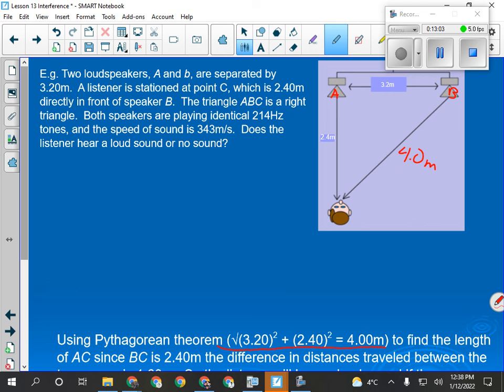So this is where the universal wave equation comes in. The information I have is that the frequency is 214 hertz. The speed of sound is 343 meters per second. That means I can calculate wavelength using the universal wave equation. So v equals f times lambda, so lambda will equal v divided by f. 343 divided by 214 is 1.6 meters.